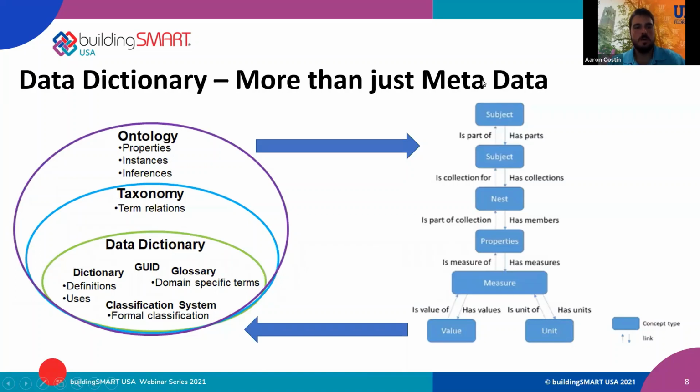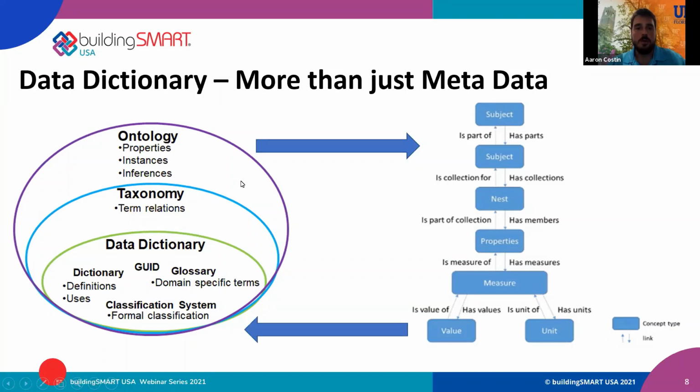The old and traditional view of data is just, let's collect the data about it. But now we're seeing something more revolutionary. The data dictionary is composed of a dictionary, the definitions. It's composed of a glossary, which means it's domain specific. Any domain can upload their content, as well as any formal classifications. So that's a data dictionary in the traditional sense. But if we take our content and organize it, such as in a taxonomy, where we classify things and how they relate, we can then start populating instances, having user-defined properties or presets, and then incorporating this ontological method.